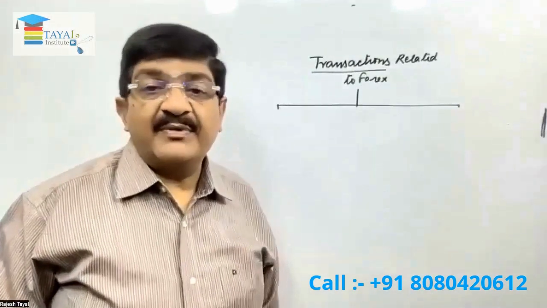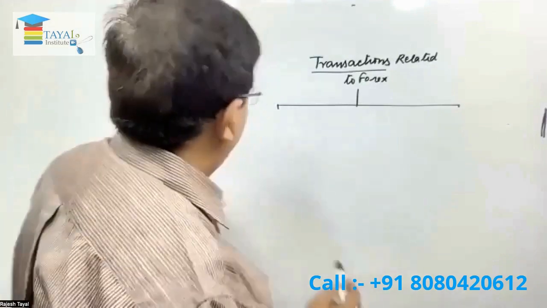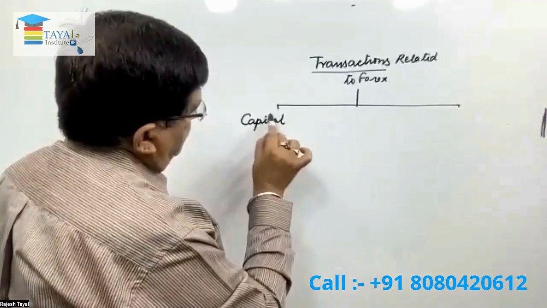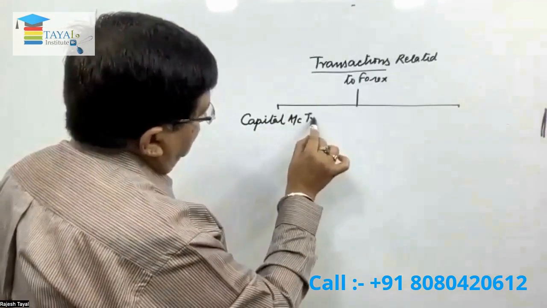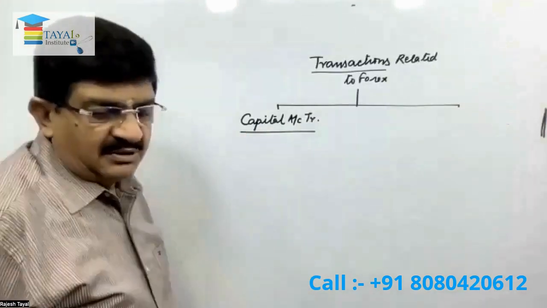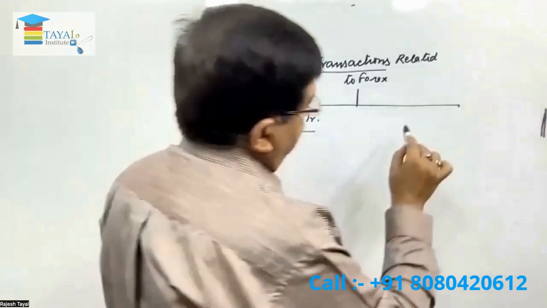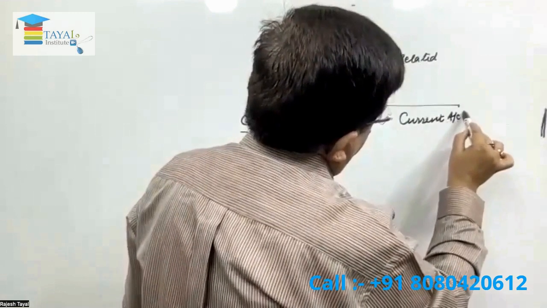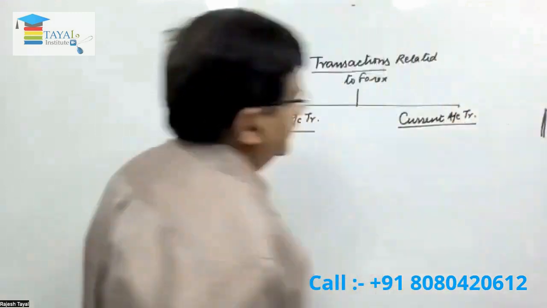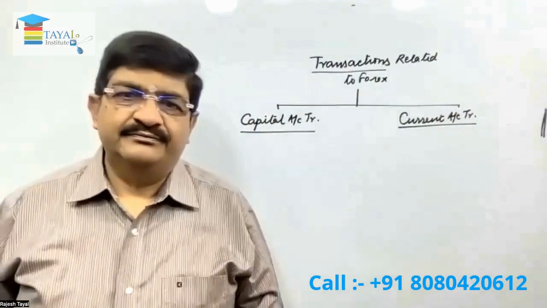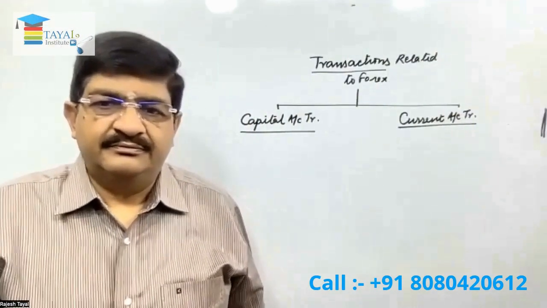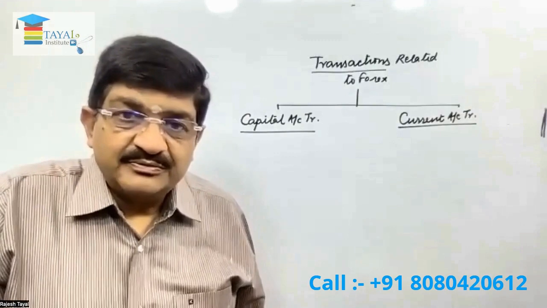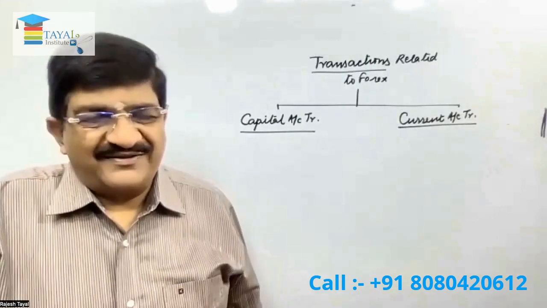The transactions under FEMA are divided into two categories: one is capital account transactions and another is current account transactions. Capital account and current account transactions.